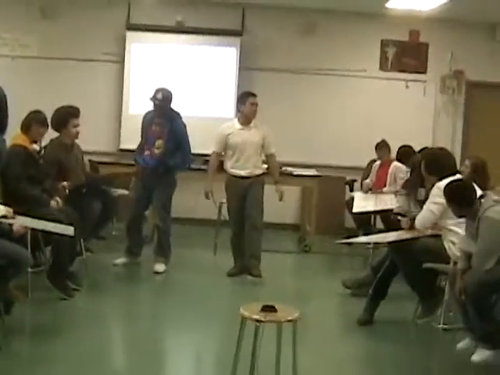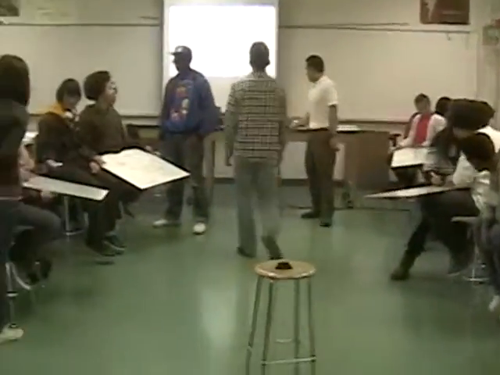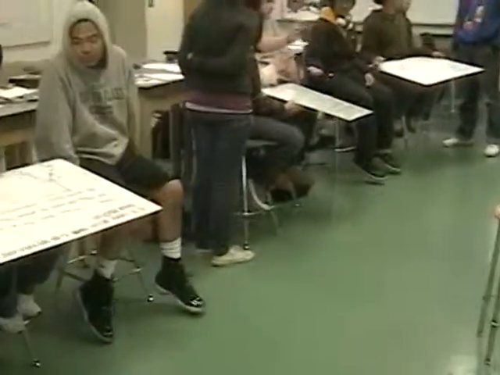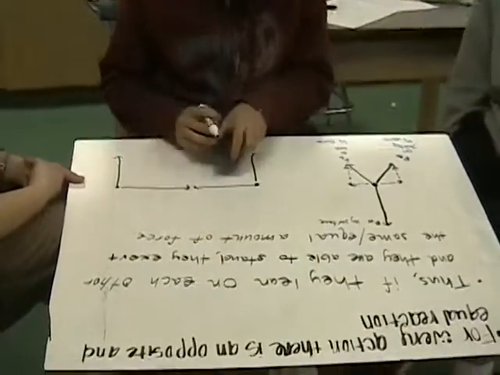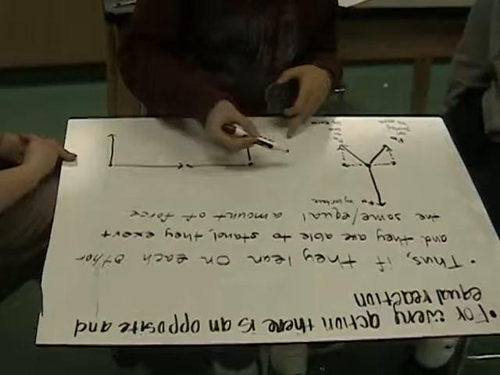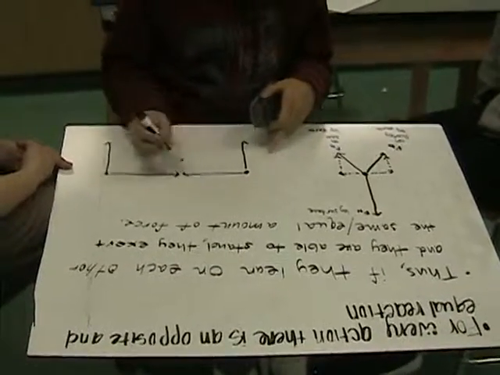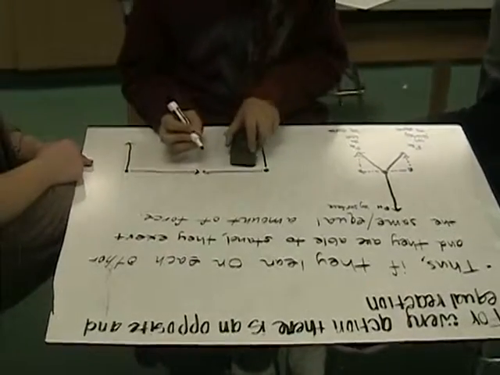So real quick, in about 2 minutes. Keep erasing. Is it two free body diagrams, one for each representative?